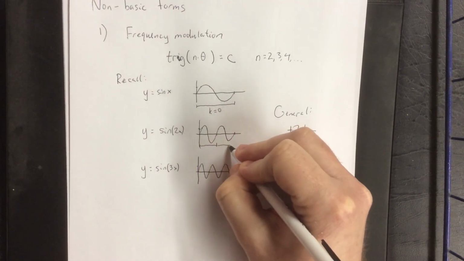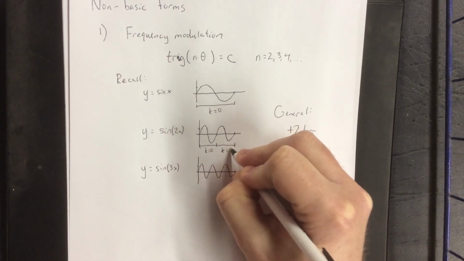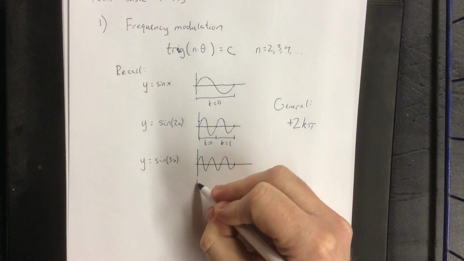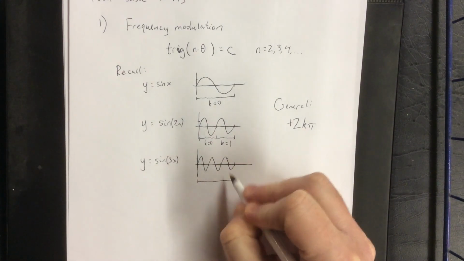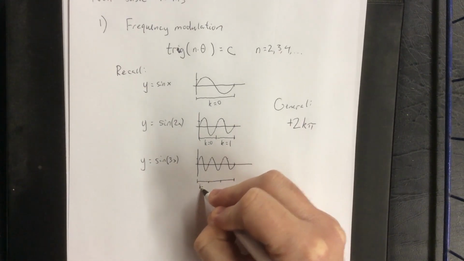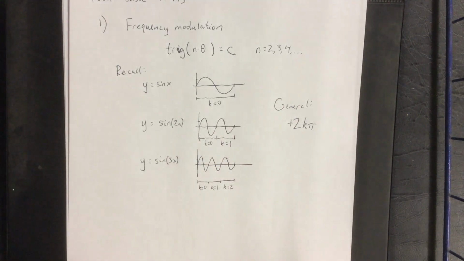For the sine of 2x though, because we're fitting 2 periods in here, the first one corresponds to k equals 0, the second one corresponds to k equals 1. Now between 0 and 2 pi for sine of 3x, there are a total of 3 periods present. First one corresponding to k equals 0, then k equals 1, then k equals 2.